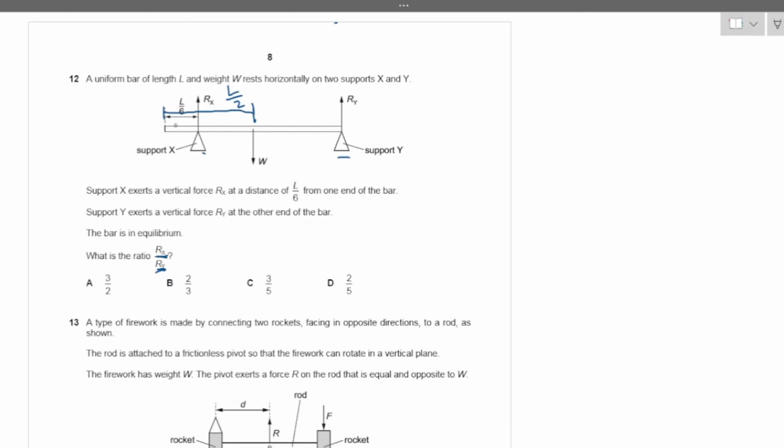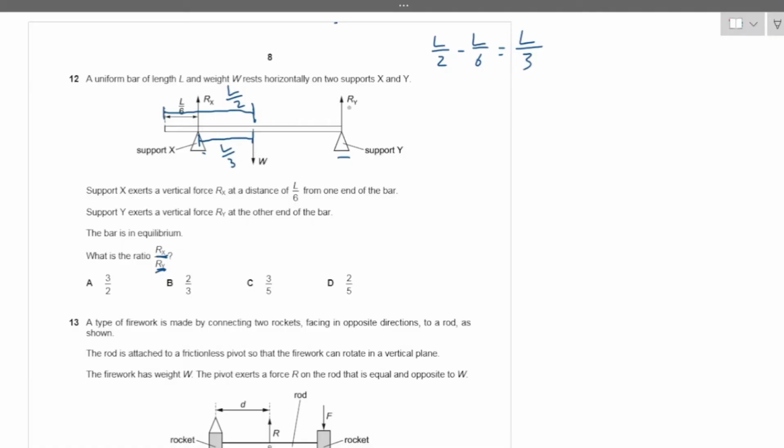And we have L by 6 given over here. To find this length here, that would be L by 2 minus L by 6. You can even calculate in your calculator. Just suppose L is 1. So 1 by 2 minus 1 by 6 gives you L by 3. So this distance here is L by 3.